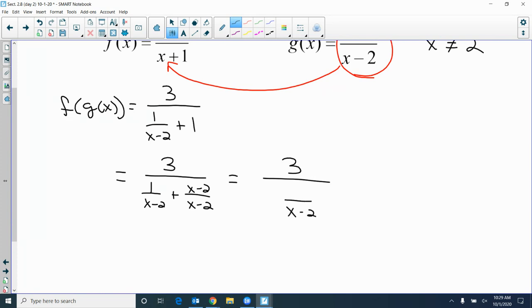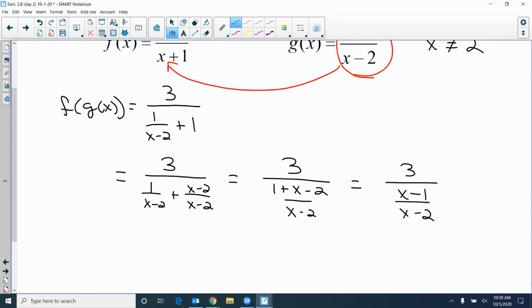Basically, you take 1 plus x minus 2. Okay, these are the numerators, the two numerators added together, 1 plus x minus 2. Some of you will do that mentally and skip a step, absolutely fine. Combine like terms at this point, and I get 3 over, what is that, x minus 1 over x minus 2. All right.